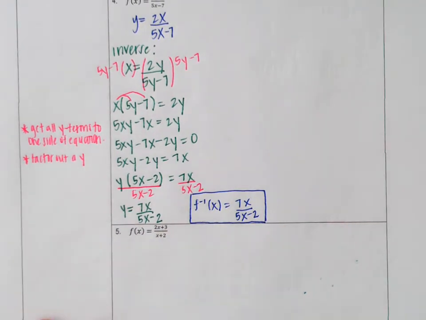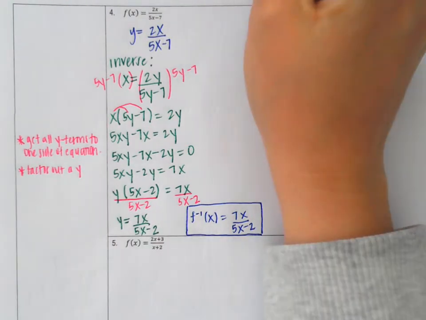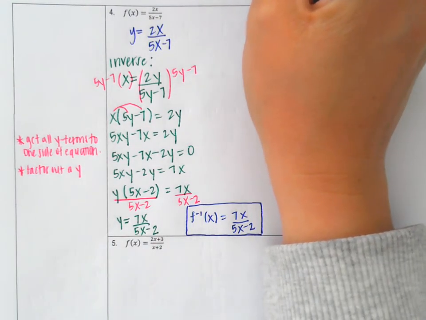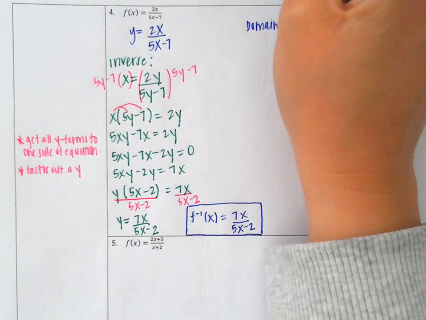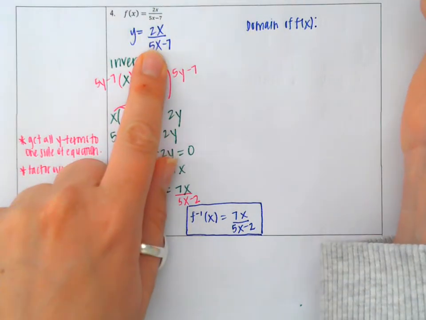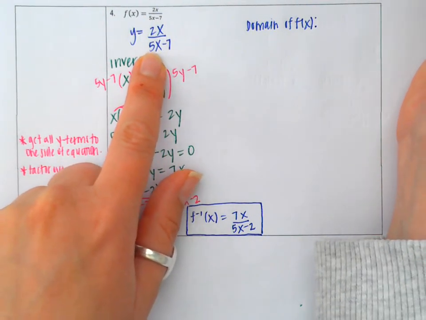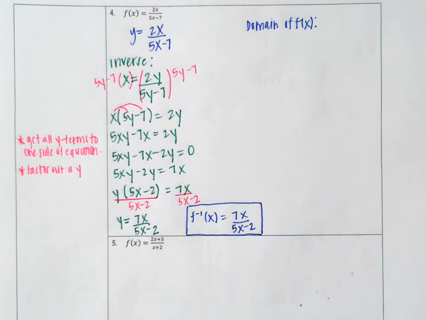Okay, so now the second part of these is always just finding the domain of the original and then the domain of the inverse. So let's start with the domain of the original, which is 2x over 5x minus 7. Now we're first thinking, is this a polynomial, a radical, or rational?